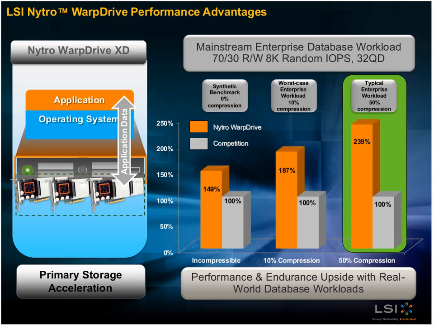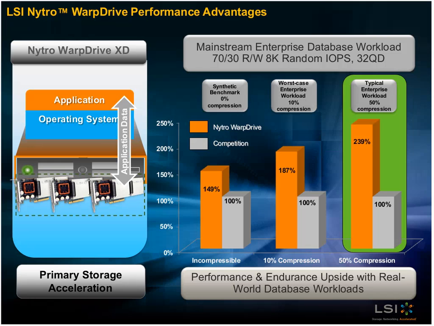The types of acceleration you can get, even with no compressibility in your data, we run about 50% faster than our nearest competition. If you just apply a little bit of compression, and 80 to 90% of databases on the market today are compressible. So almost every database is 80 to 90% compressible.